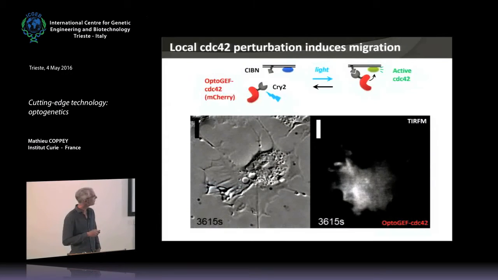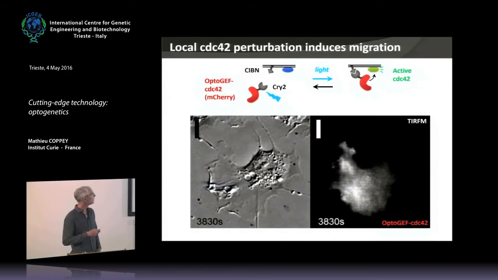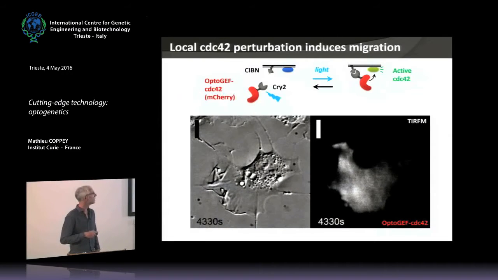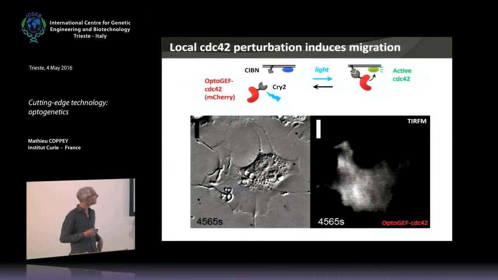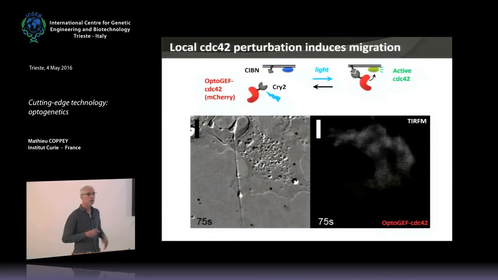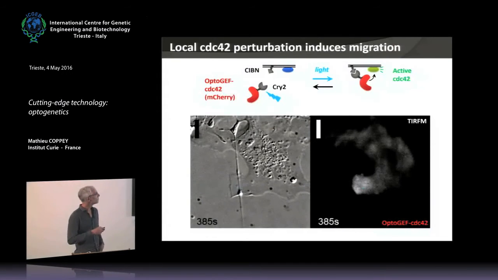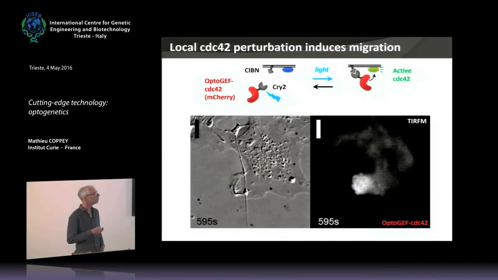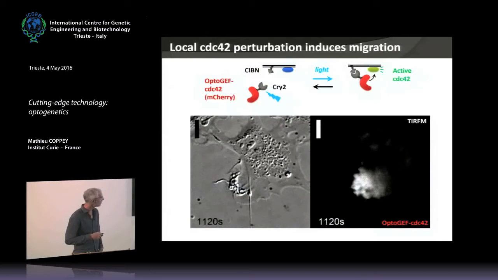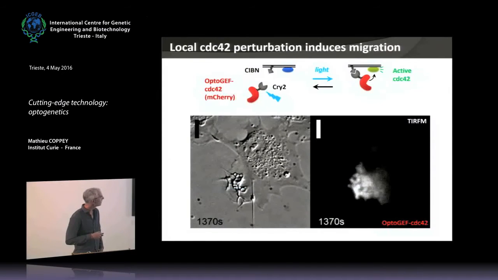And here you see what the cell is doing. It's forming filopodia, but also this huge ruffle and this huge vesicle as well. So plenty of pathways are activated that ultimately lead to the migration of the cell. Initially the cell was not migrating, and you force it to migrate in the direction of the activation.